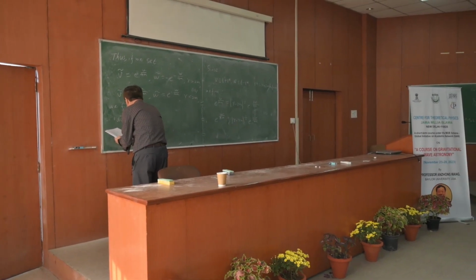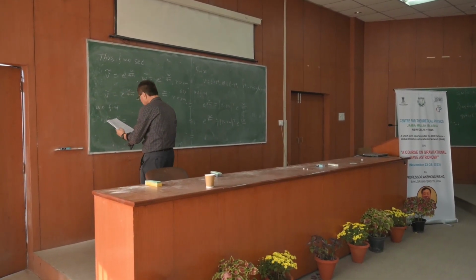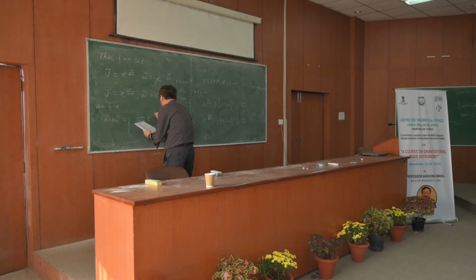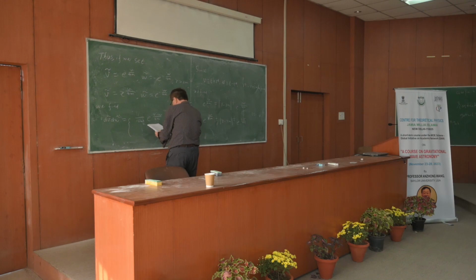dV bar dW bar equals 1 over 16 m squared E to the V plus W for m dV dW for R greater than 2m, minus 1 over 16 m squared E to the V minus W for m dV dW.